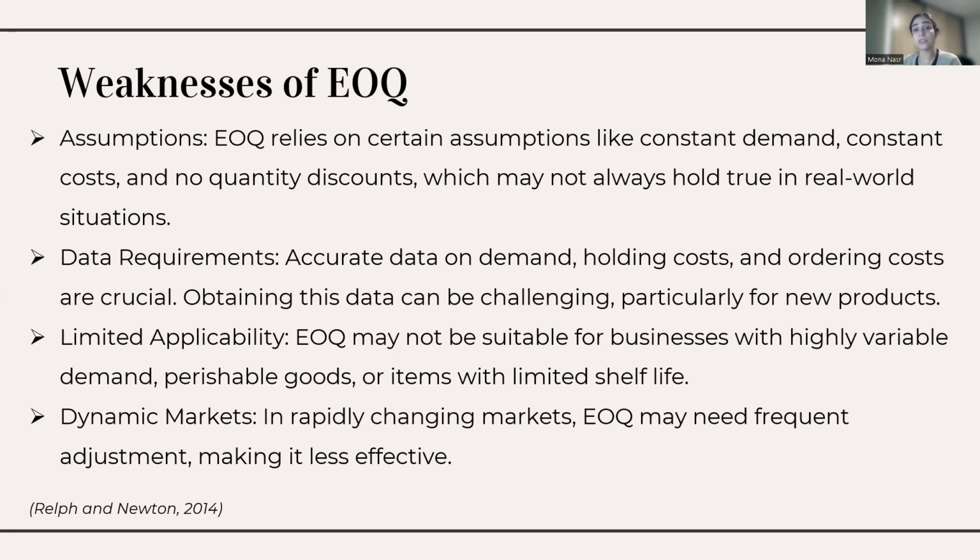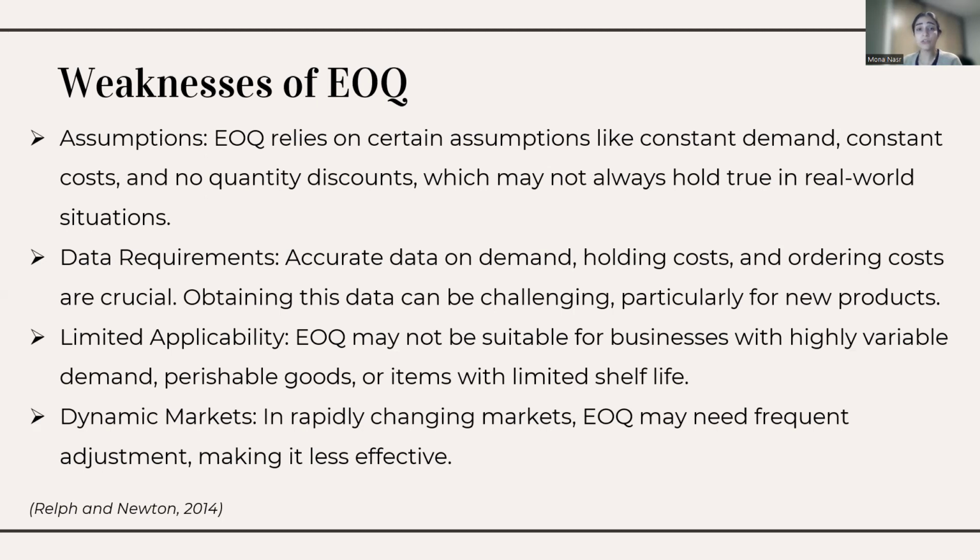EOQ also may not be suitable for all types of businesses and products. For example, it may not work well for items with highly variable demand, perishable goods with limited shelf life, or products subject to seasonal fluctuations. In such cases, alternative inventory management approaches may be needed.